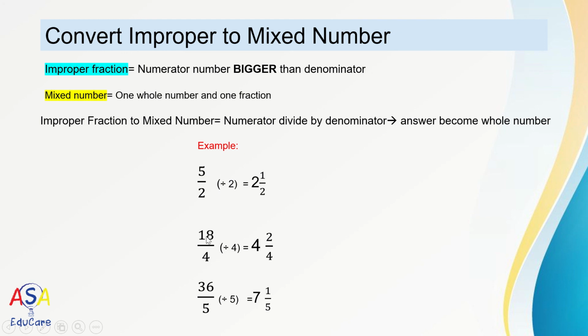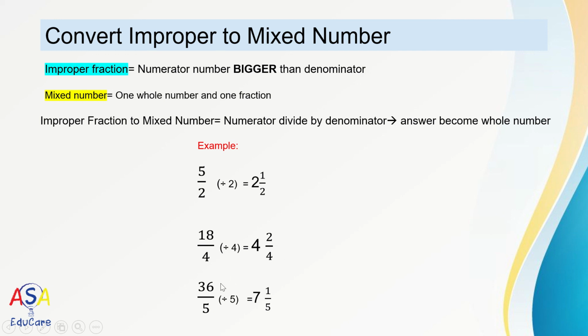Next one, 18/4. Everything you just divide by the denominator. So 18 divided by 4. What's the closest I can get? 4 times 4 becomes to 16. I take 18 minus 16 to get the remainder 2.